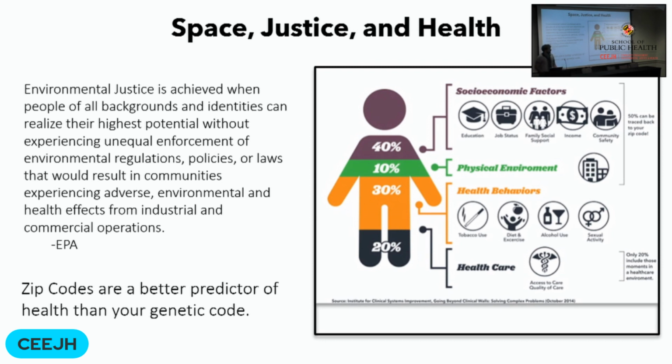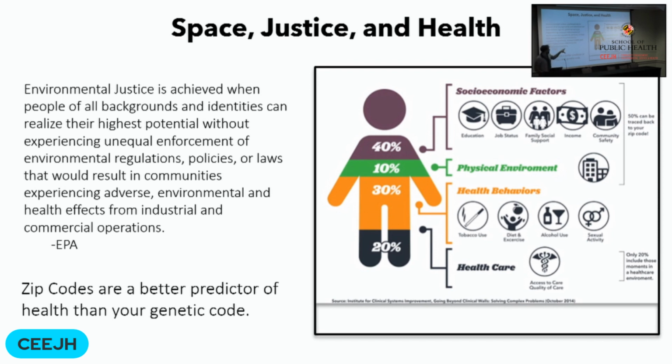Your zip code affects your access to healthcare, your access to education, the amount of toxins in your environment, the relative AQI, heat, every single thing can be narrowed down to where you live and your proximity to other services. Because of that, it requires a more holistic approach to how we gauge the health outcomes of environmental pathogens.